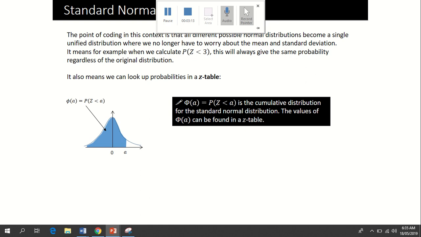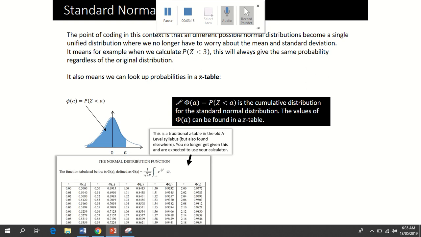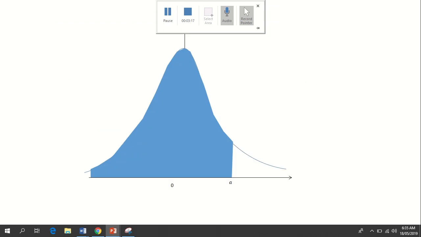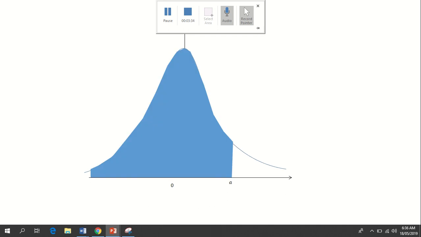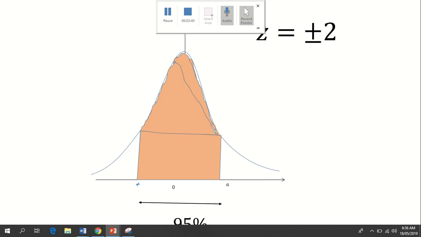I am looking for a 95% confidence interval. So I'm interested in this curve, where my data has a z-score of plus minus 2. That means the probability of the data lying within that distribution is exactly 95%, whereas this graph represents a probability of less than or equal to 0.95, but all I'm interested in is exactly 0.95.